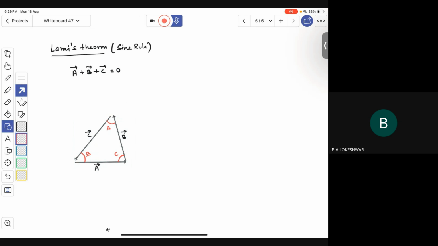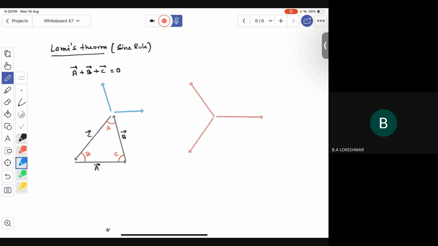So suppose if I shift B parallel to itself, and C, I'm keeping it there only. I hope you got it what I've done. I'm drawing B here, I'm shifting A parallel to itself, I'm drawing it here, right now. So this blue arrow of A also I can use. This blue arrow B also I can use, no?